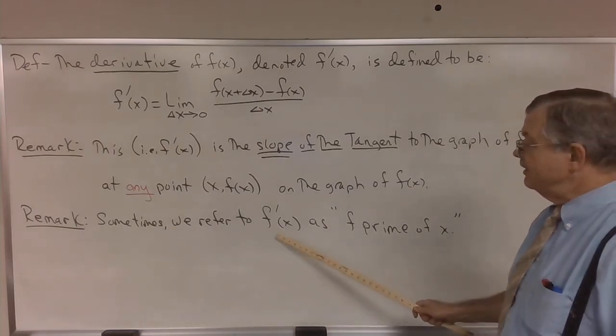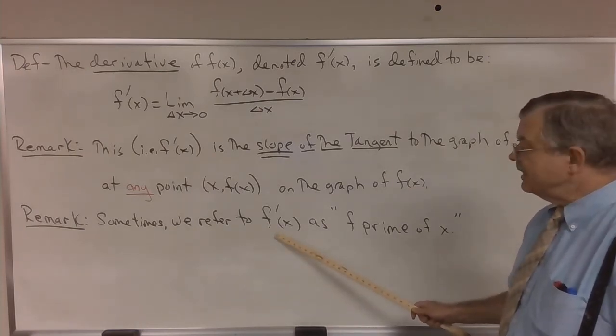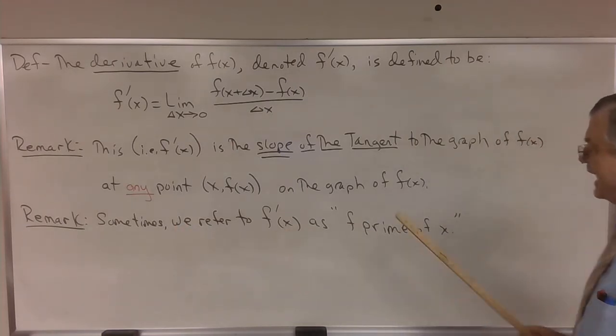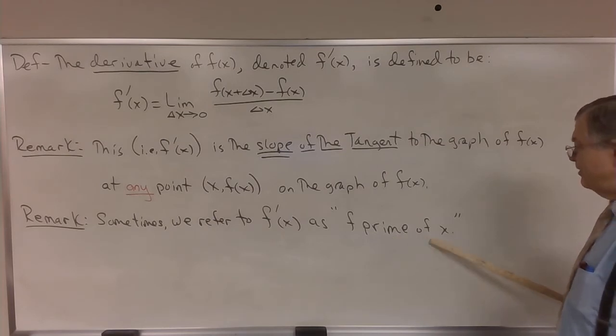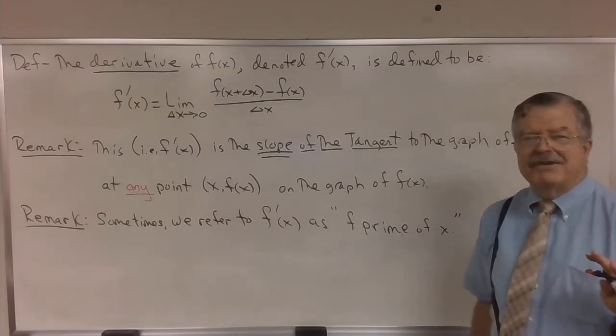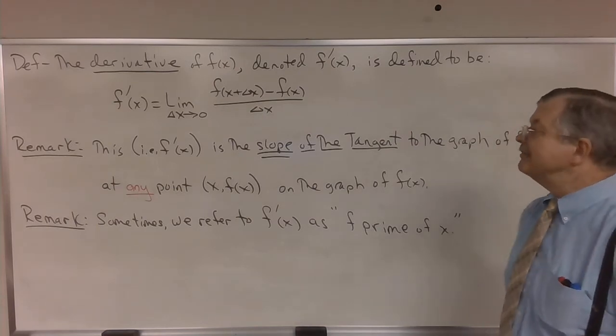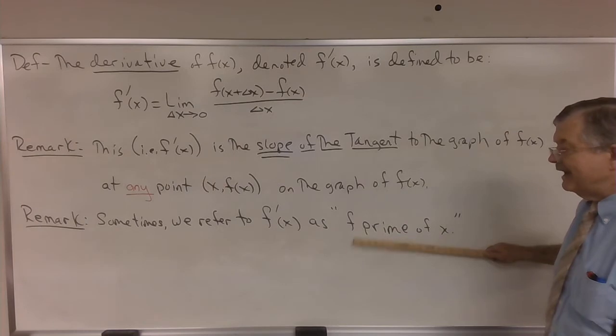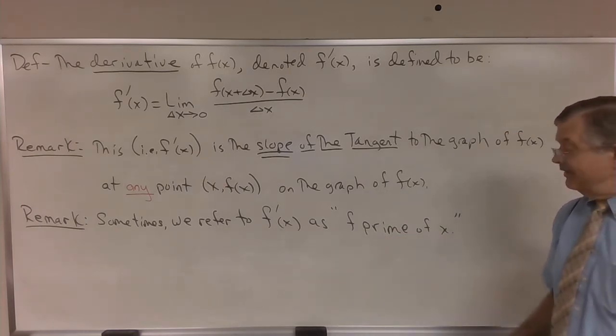This thing right here, the derivative of f of x, oftentimes we refer to this thing as f prime of x. So whenever you hear derivative, think f prime of x. And whenever you hear anybody say f prime of x, think derivative.